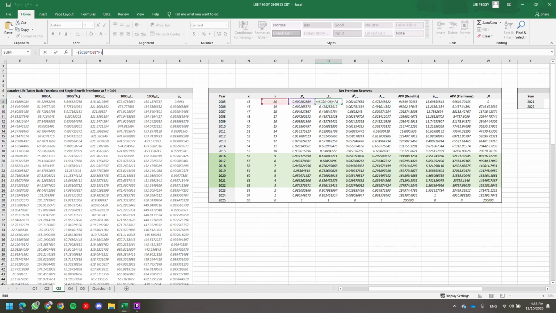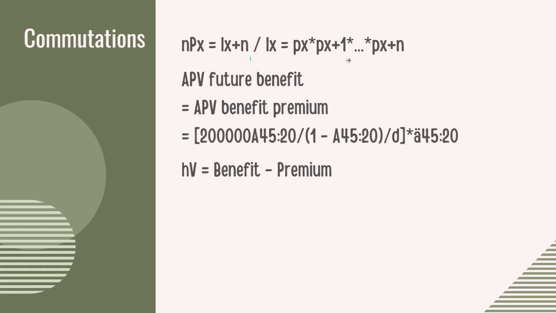To get nEx, we calculate it by v to the power of n times npx, as stated in the first requirement. In this formula, we can see that npx equals px times p(x+1) until p(x+n).